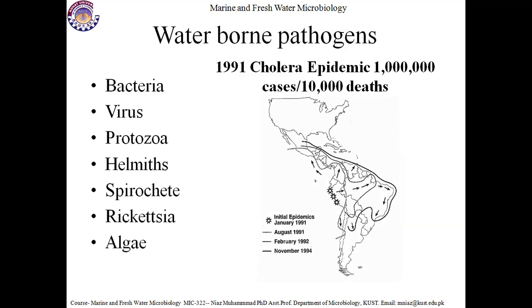So we know very well that microorganisms, viruses, protozoa, helminthes, spirochetes, rickettsia, and algae are all present in the environment, and from the environment to healthy individuals they are coming through water. It was established in 1991 due to the cholera epidemic that pathogens present in the environment get access to healthy individuals through water.